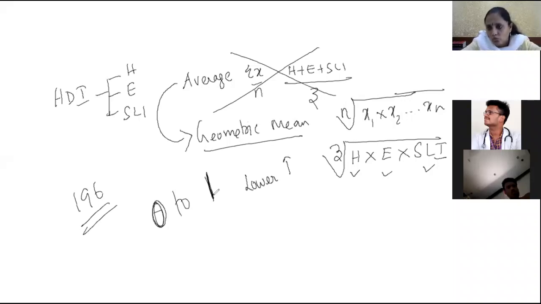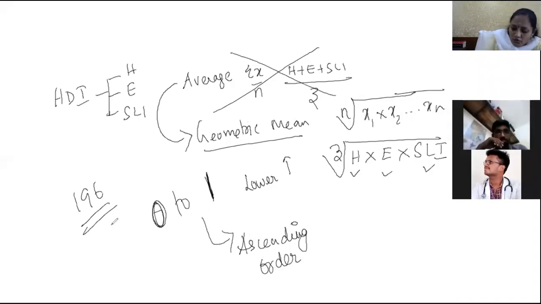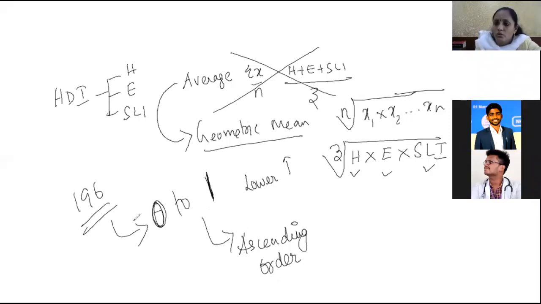Now what do I have to do? I have to arrange all these countries in ascending order, or say descending order. We'll put the ascending order. Values for all these 196 countries, which have got between 0 to 1, in ascending order.